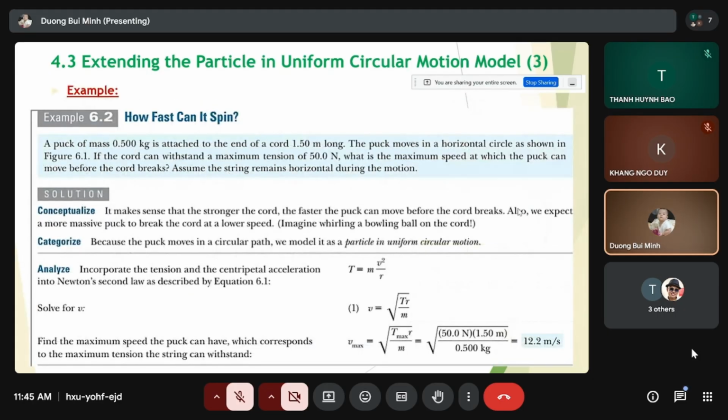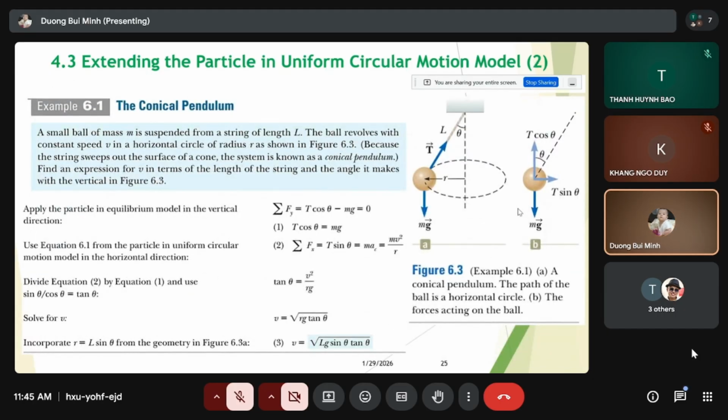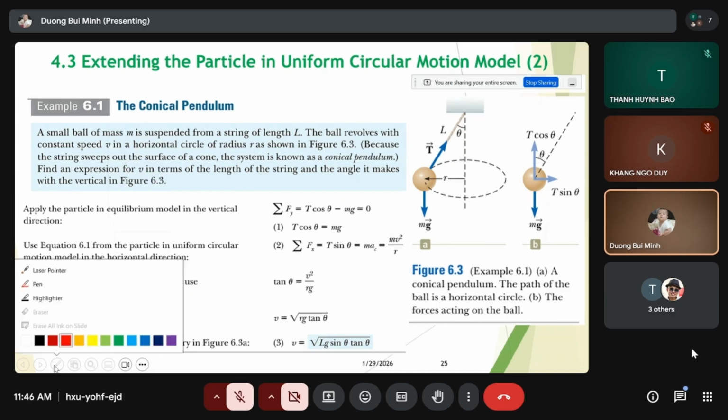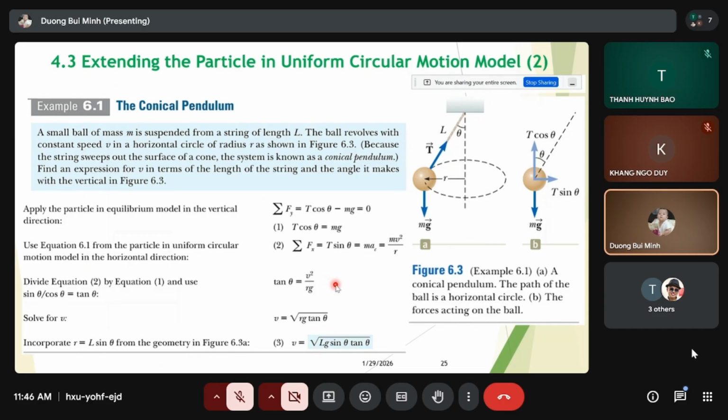Example? Five minutes. Try to understand this example. Here we have the moving direction, which will follow a counterclockwise or clockwise direction, it depends.